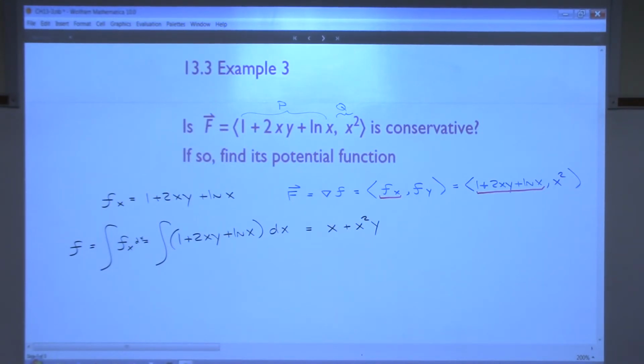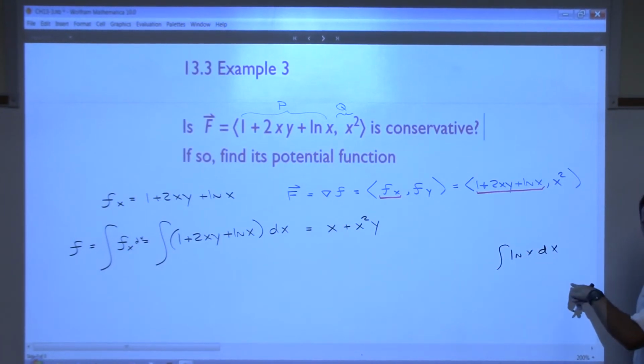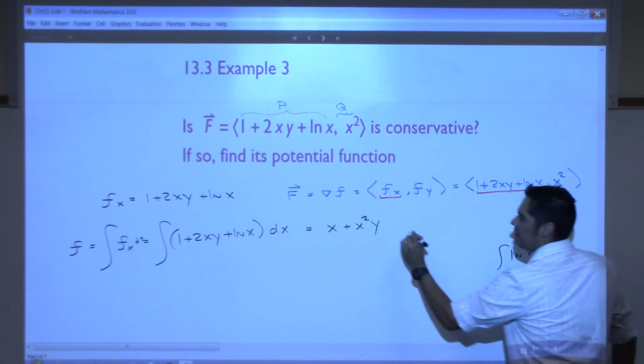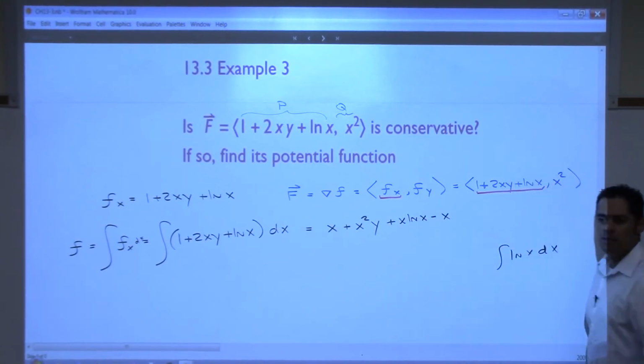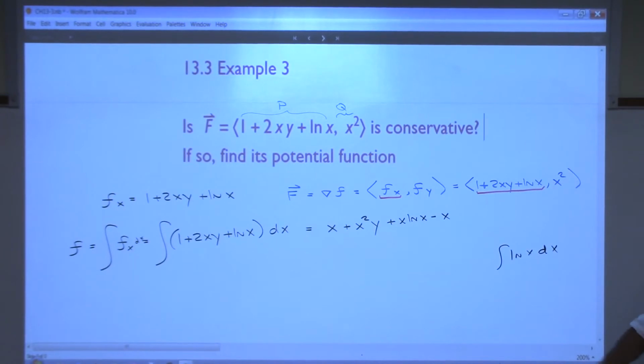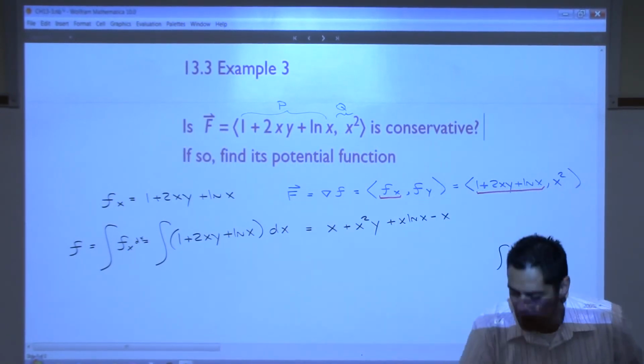In my Cal 2 class, we do it once and I give them the formula. I let them write it on their formula sheet. But if you tried to do that integration on your own, you could do integration by parts to get this. It turns out to be x ln x minus x. Is that all right? Take that on faith? Yeah. This is the antiderivative of natural log of x.